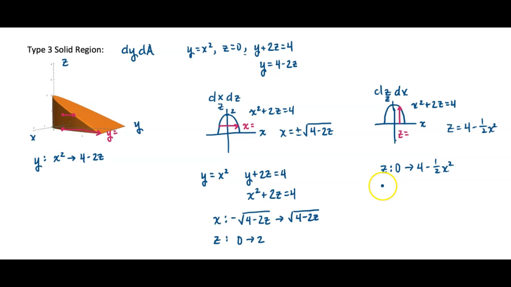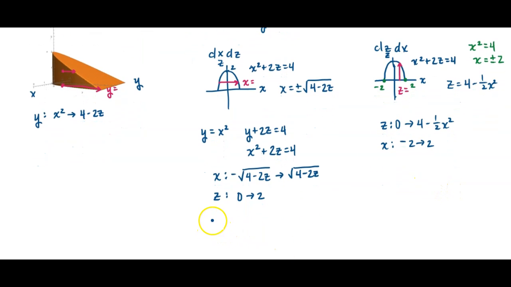That means that my x just goes from wherever these intersections are. By setting z equal to 0, I just get that x squared equals 4, so these are my intersections, which means that x is plus or minus 2, and so we have negative 2 and a positive 2 here. And so x is just going to go from negative 2 to positive 2.